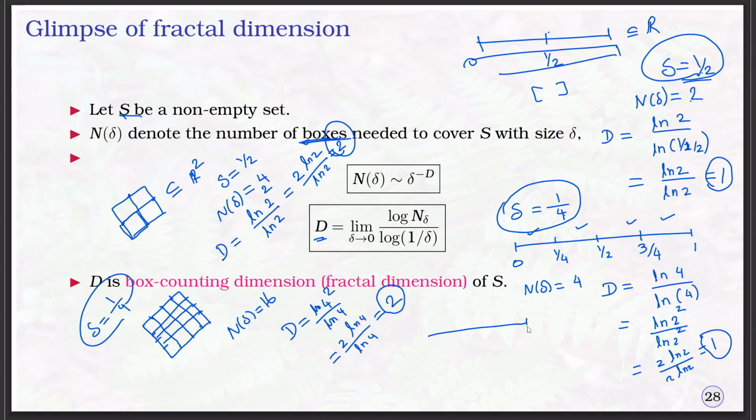Say for example, for this unit line we obtained the box counting dimension equal to 1, and it has obvious self similar nature. You can take this part and this part is exactly similar to the whole. Then this object's box counting fractal dimension is 1, whereas it has a self similar property.